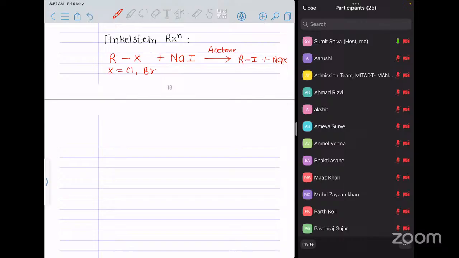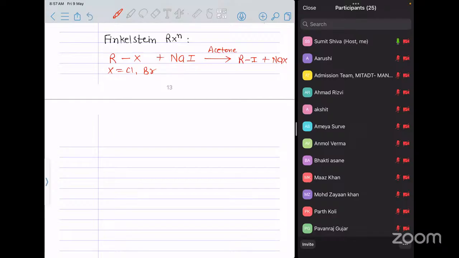Here, NaX is reactive. If you do not use acetone, this reaction will go in the reverse direction. But I want to have RI, I want to have alkyl iodide. So I have to do something so that NaX is not able to react. For that, we are doing the reaction in acetone.